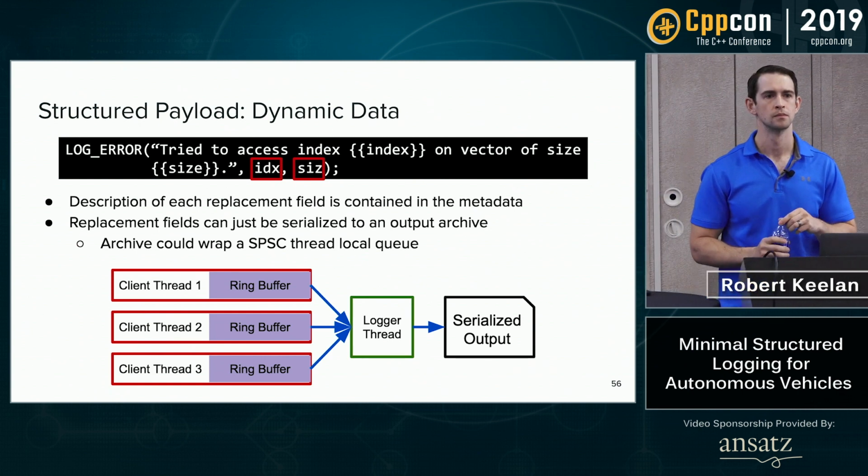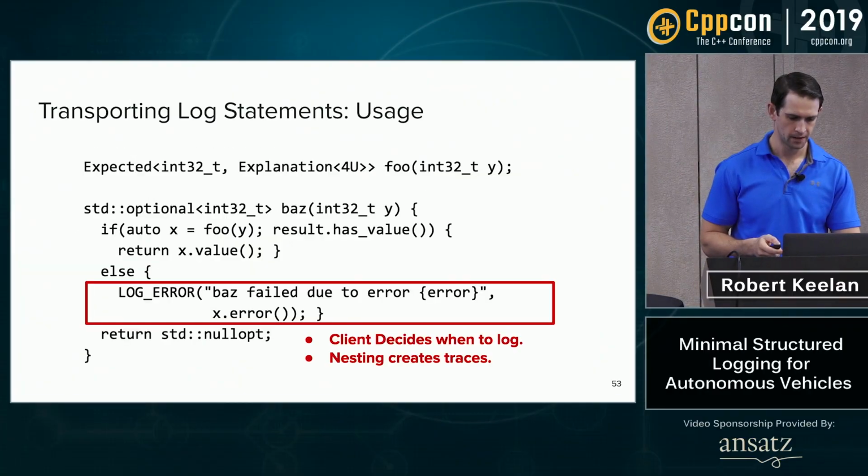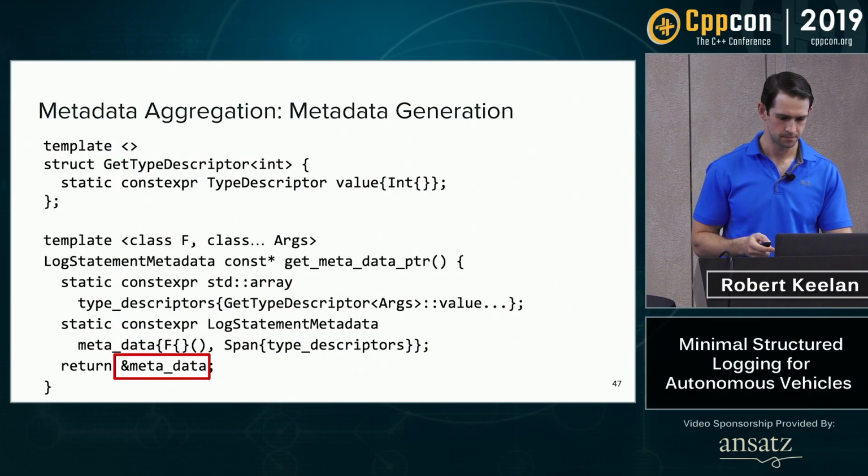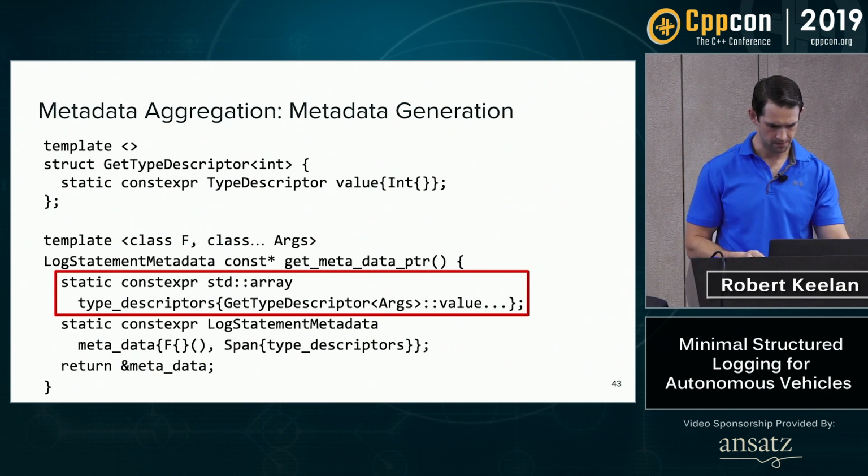Hey, I may have missed this, but is it the macro expansion that causes the struct to be declared so that you can gather all of the static log messages before main runs? How is that gathered up? And is it a global? Yes. So let me jump back to that.